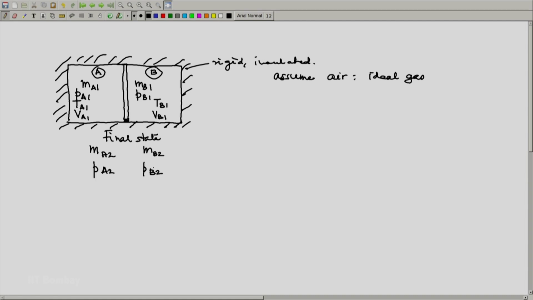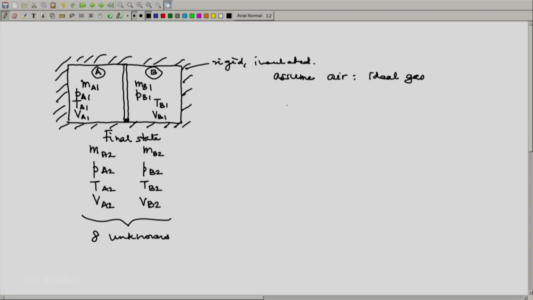Let the temperatures be TA2 and TB2, and let the volumes be VA2 and VB2. Notice that there are 8 unknowns. Now, which are the 8 equations that we need to set up?